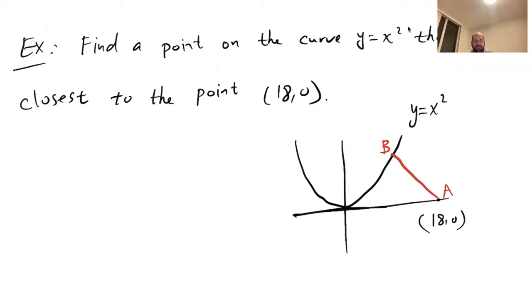And we want to find this point B. Of course, we have infinitely many options for the point on the curve, but only one of them will be the closest point to A, right? So for example, if you compare B with, let's say, C here, or with D, B is closer than C and D, right? So among all infinitely many choices that we have for all points on this parabola, we want to choose the one that is closest to A.